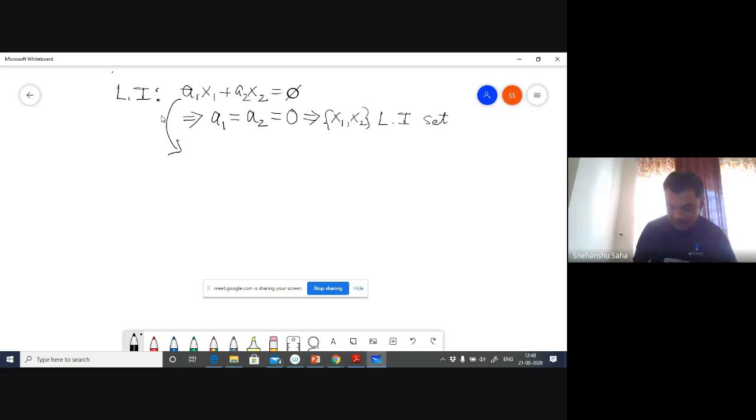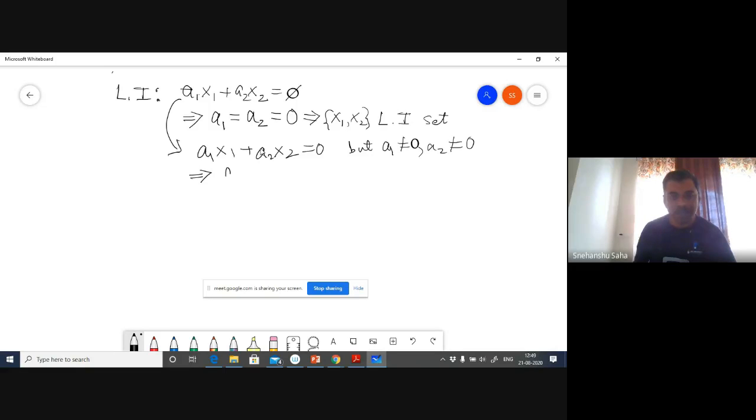Let's assume that a1 x1 plus a2 x2 is equal to 0, but a1 is not equal to 0 and a2 is not equal to 0. Okay, does it still make the set of vectors x1, x2 linearly independent?